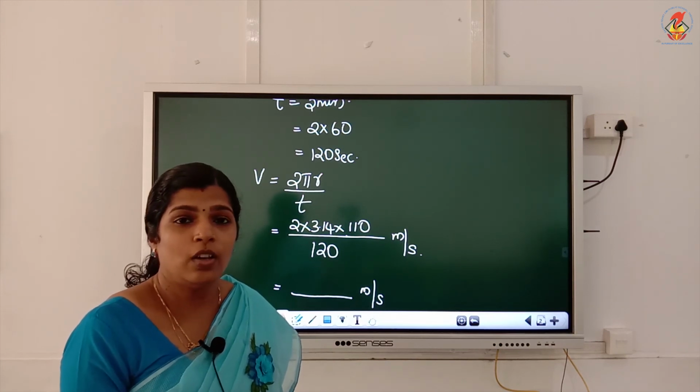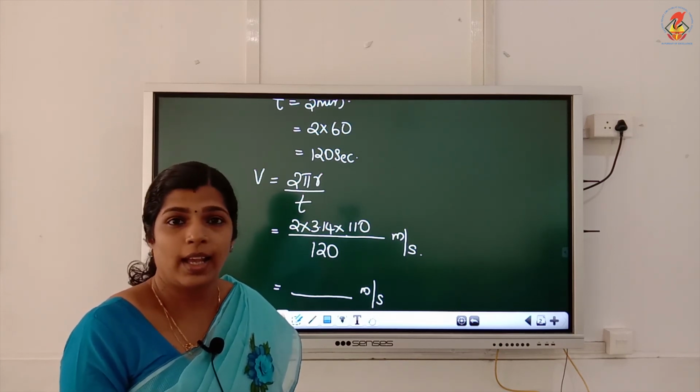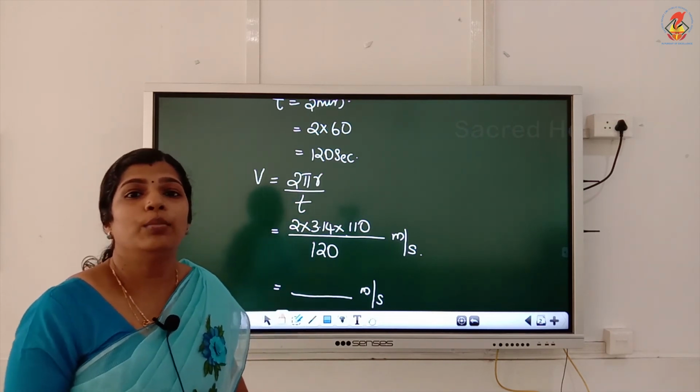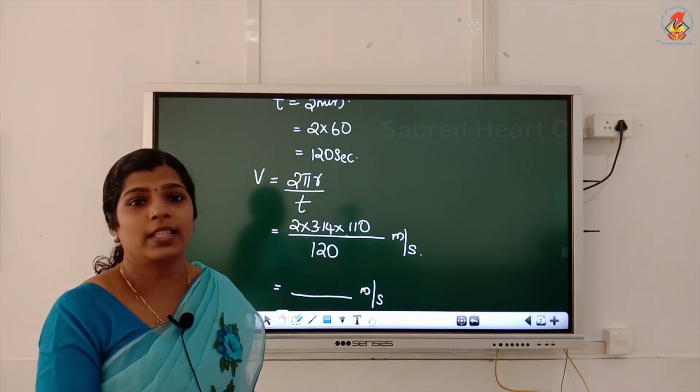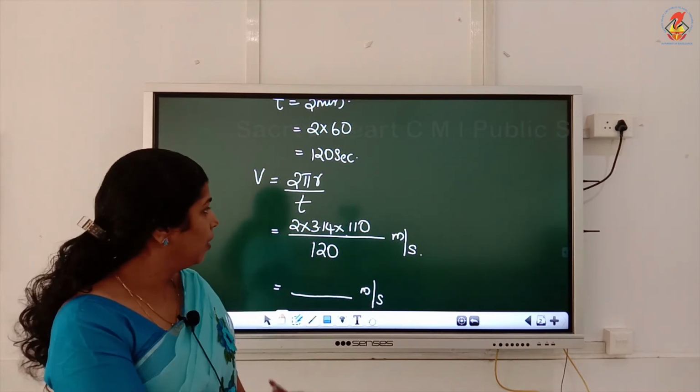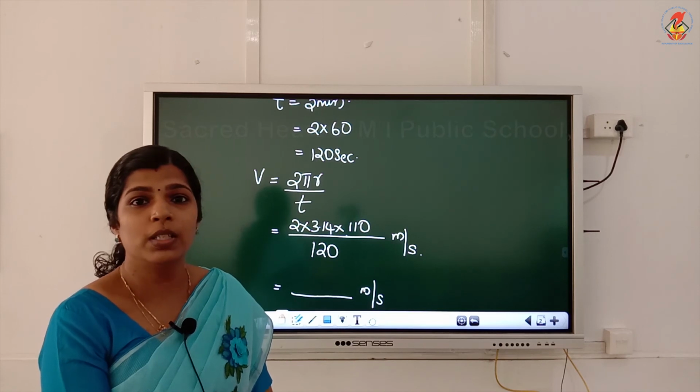Change in velocity by time means acceleration. So, uniform circular motion is an accelerated motion. We have done two problems.